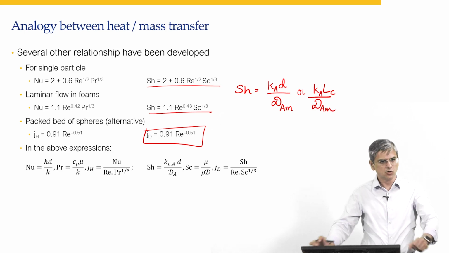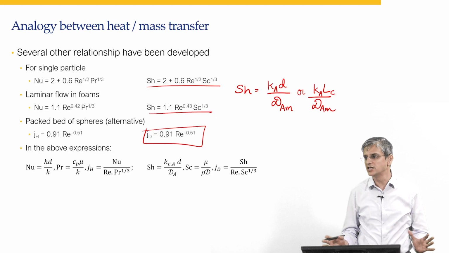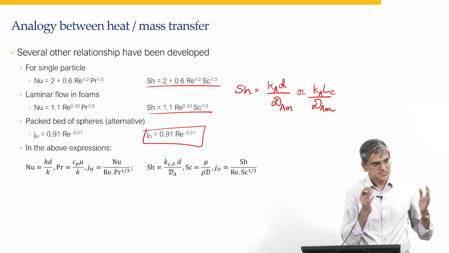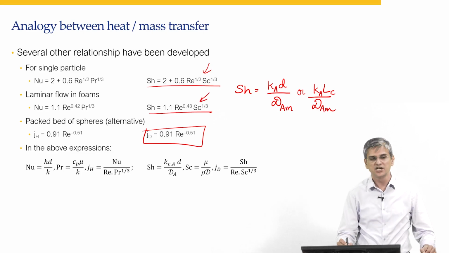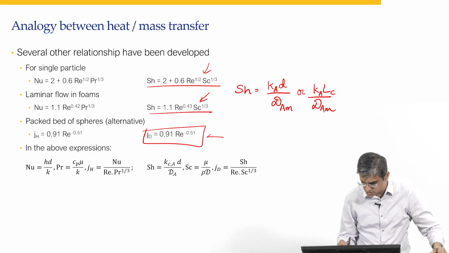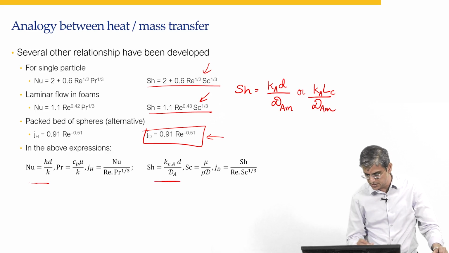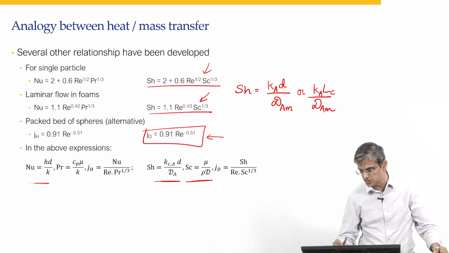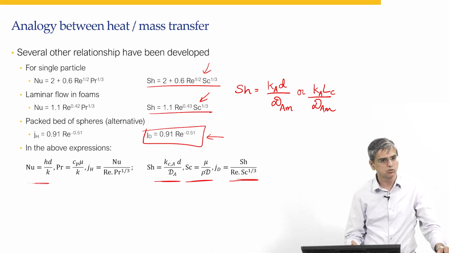There is no real derivation that we are going to go over. If it is a single particle, use this correlation. If it is flow in foams, use this correlation. If it is not a single particle, but a bed of spheres, use this correlation, where Nusselt number is given by this, Sherwood number is given by this, Schmidt number is given by this, JD is given by this, and so on.